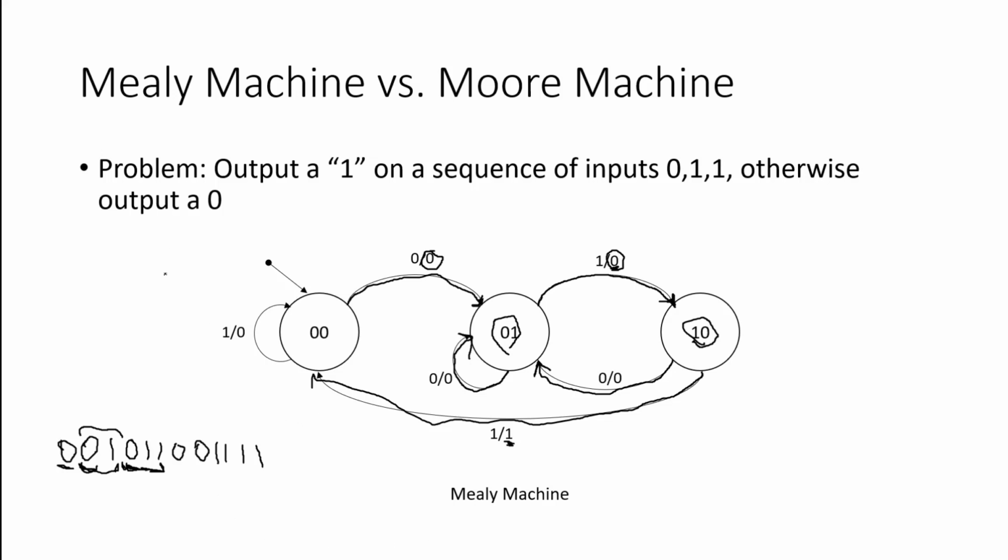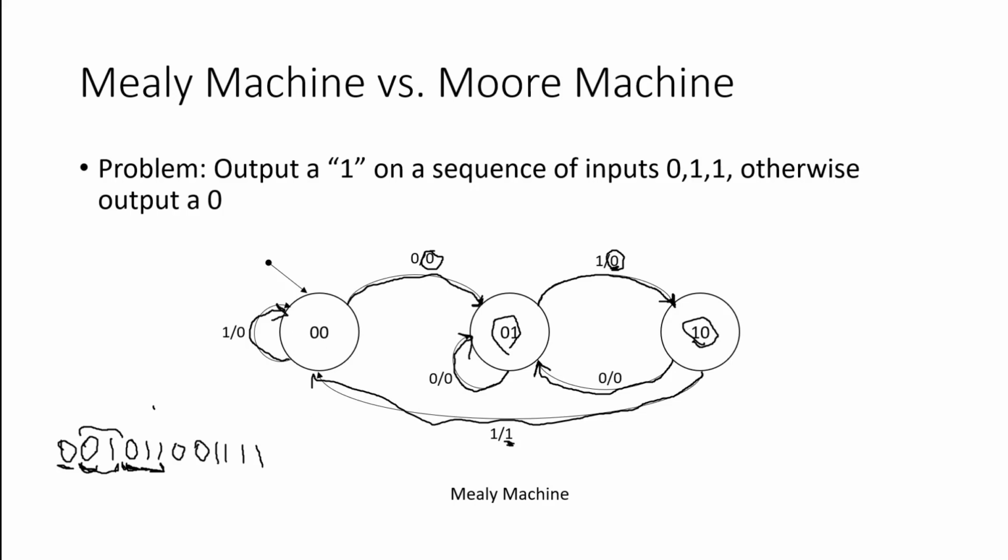Now back in state 0, 0, if I receive this input of 1, of course, keep in mind that that breaks the sequence. And in breaking the sequence, I'm going to stay in this initial state here. That's this transition here. All right?